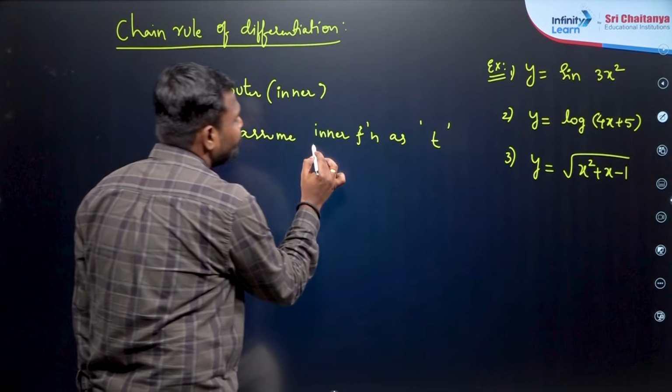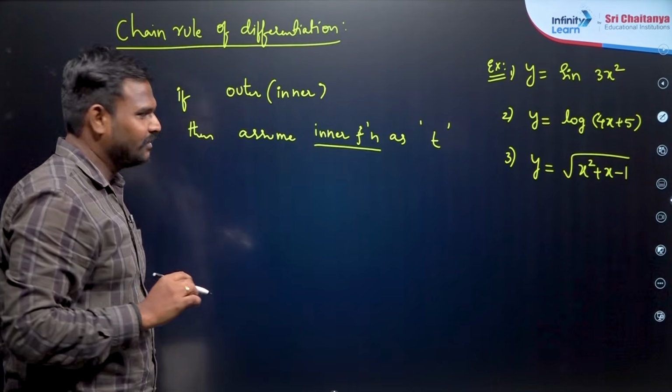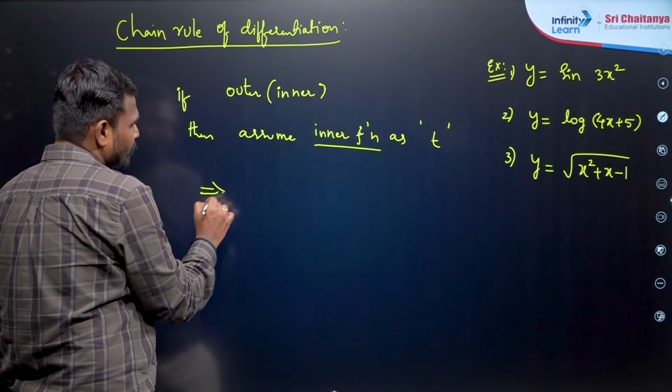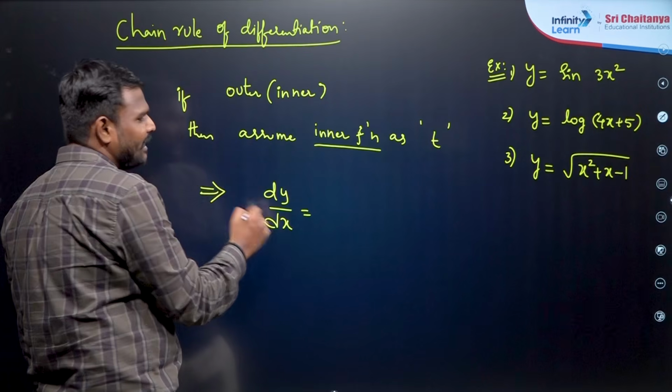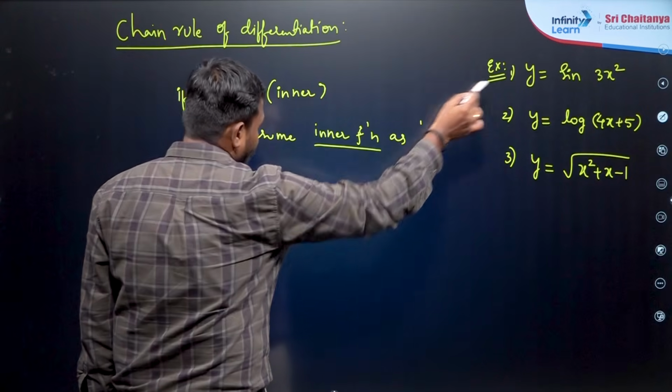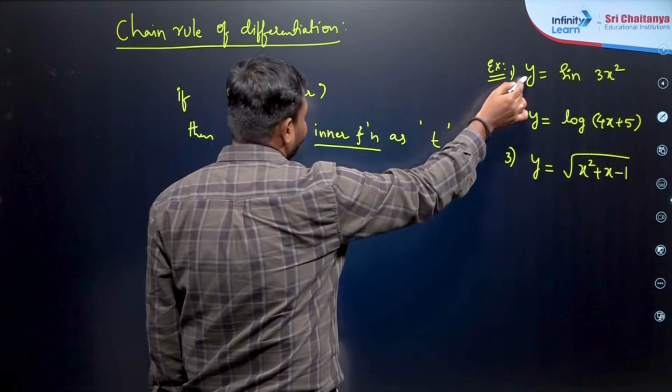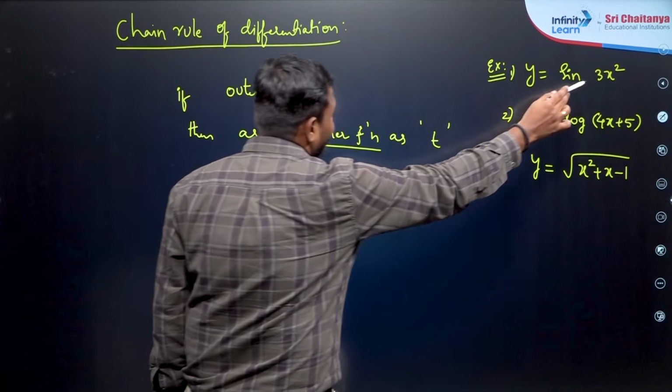Whom we have to assume? The inner function. Then dy by dx can be written, that is the derivative of the function of this question, dependent variable y and independent variable x.